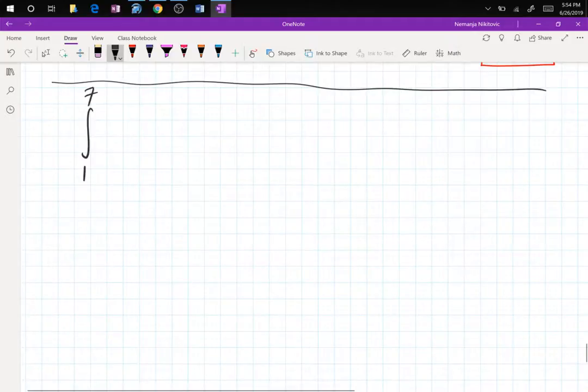So 1 to 7, let's say, of root x plus 9 divided by 4 root x dx.